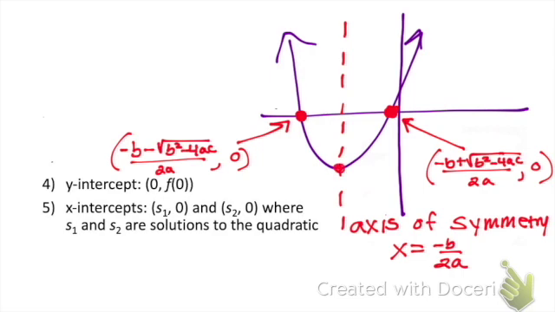And here we have our vertex. And then here I have my y-intercept, which is of the form (0, f of 0). Okay, so there it is graphically.